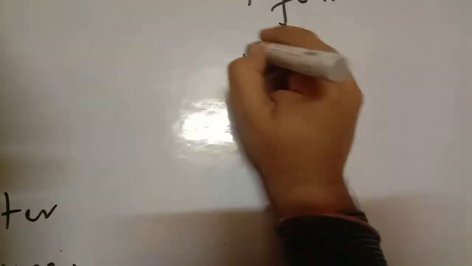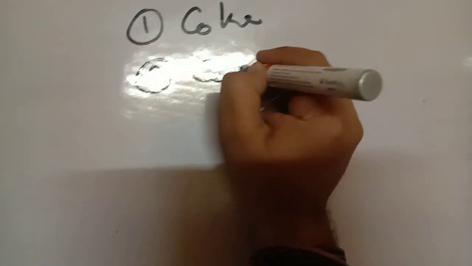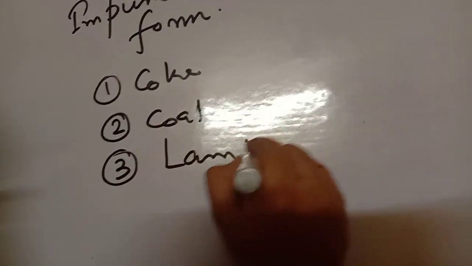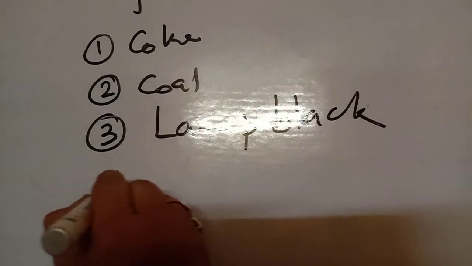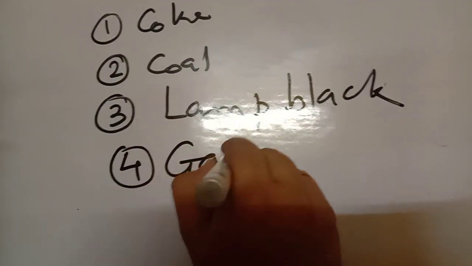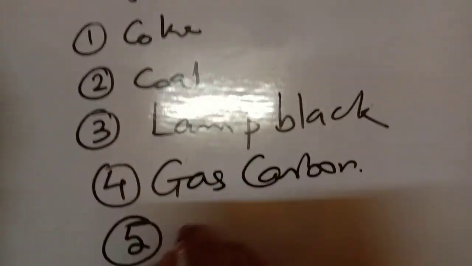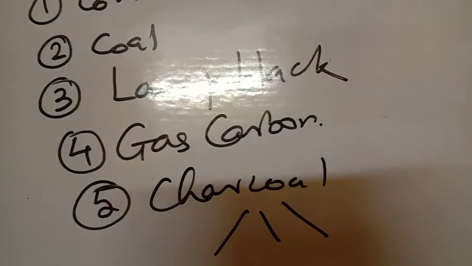and in the impure form, first is coke, then comes coal, then comes lamp black, this comes as gas carbon, the fifth one is charcoal. Charcoal is of three types.